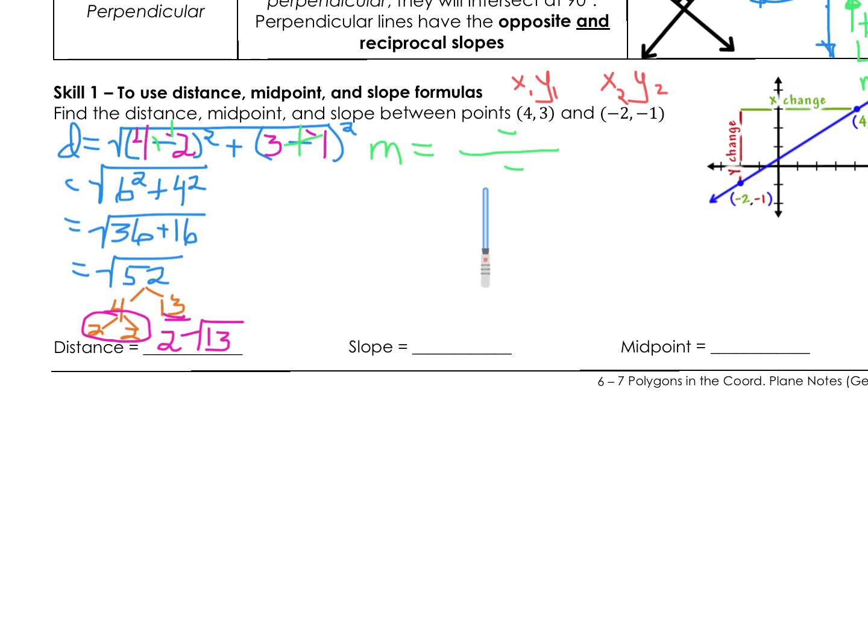You can do point 1 vertical here and point 2 vertical here, or you could start with point 2 and then do point 1. I'm just going to follow what the formula says and sub in those values. So y sub 1 is 3, and y sub 2 is -1. X sub 1 is 4, and x sub 2 is -2.